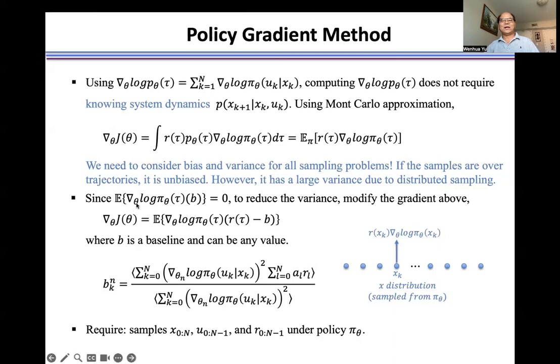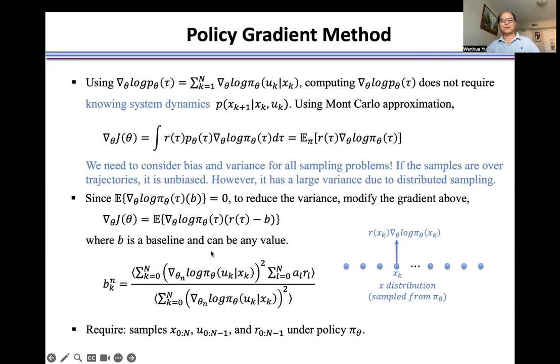We use this relationship. That means we can select any B as a baseline, insert it into the gradient of the objective function, and it doesn't change the value at all. However, using this baseline, we can reduce the variance. That's the idea. So we got this baseline in this formulation.